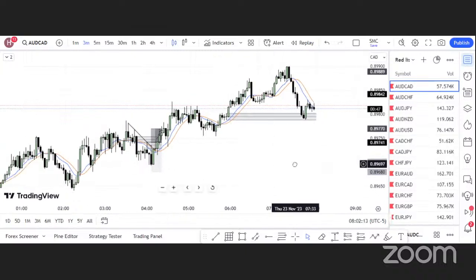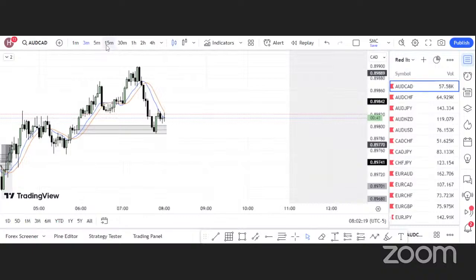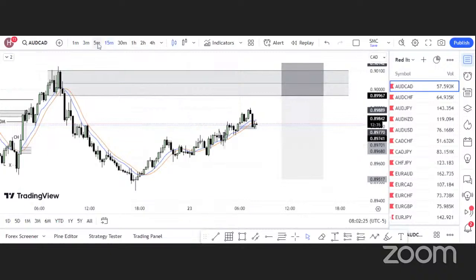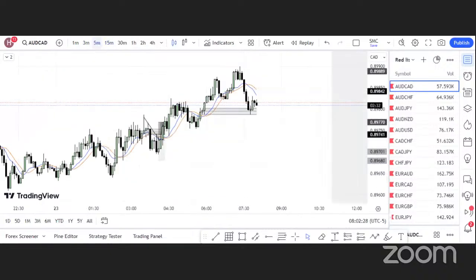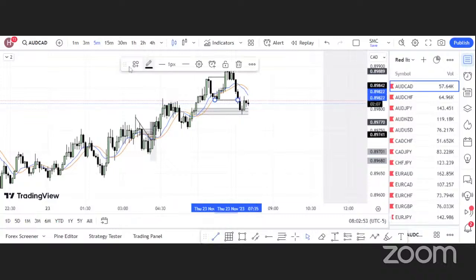My emulator is loading up. So once it's ready, I'm going to show you guys how a signal looks like and how you can interpret a signal.